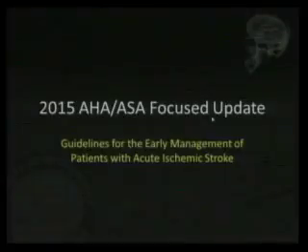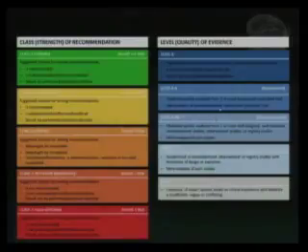So because of all these studies, in early 2015, the American Heart Association came up with an update of their guidelines for management of acute ischemic stroke. This is just a little refresher of what they mean when they talk about class 1. There's strong evidence.